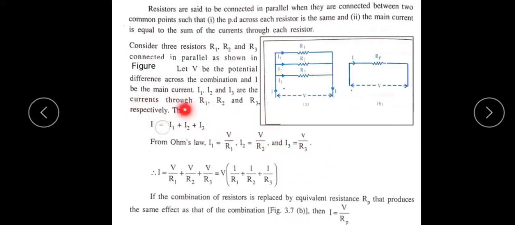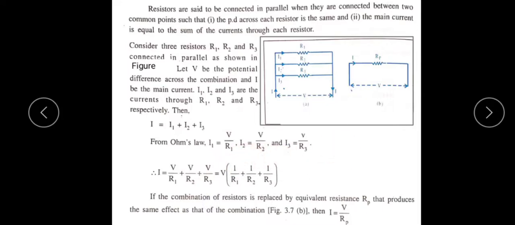Then from the equation, I is equal to I1, that is V by R1, plus I2, that is V by R2, plus I3, that is V by R3. In this equation V is a common term, so keep it outside. Then the remaining terms are 1 by R1 plus 1 by R2 plus 1 by R3.